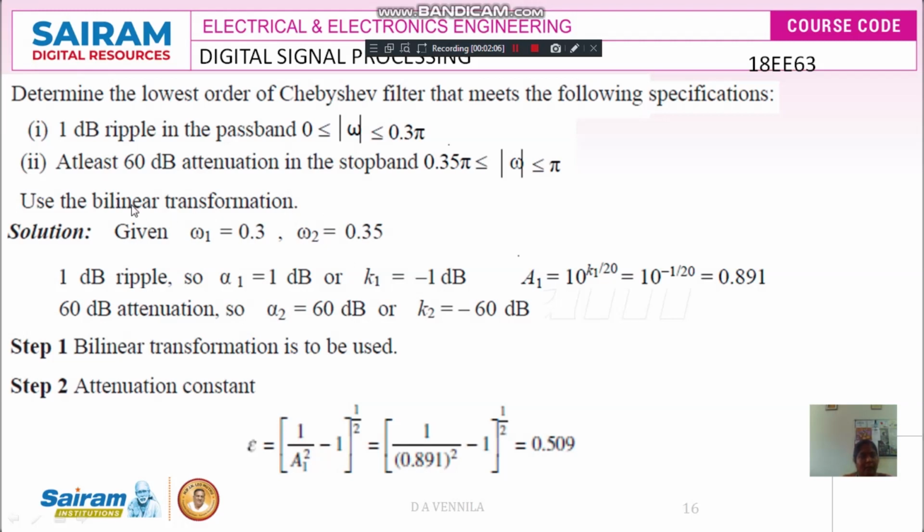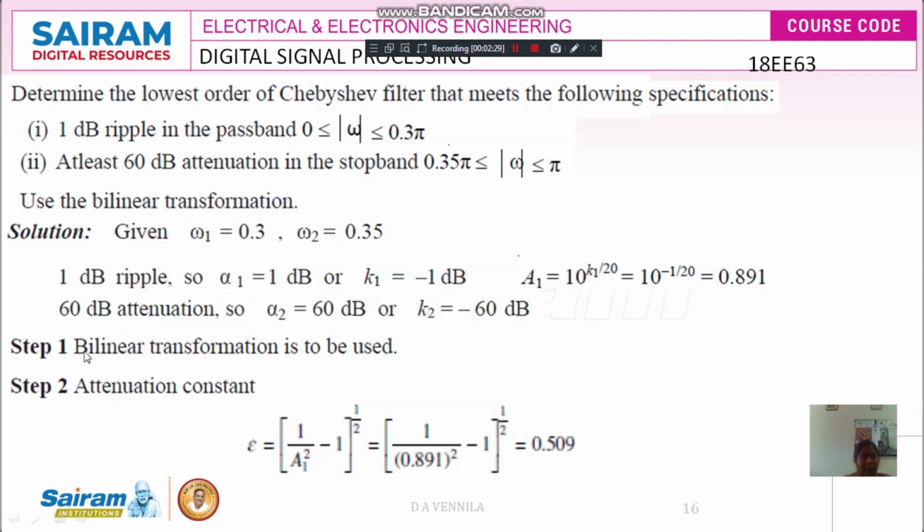Here it is given that you need to use the bilinear transformation technique to convert the analog transfer function to a digital transfer function. We are going to design the analog transfer function using the given specification. Then to convert this analog transfer function, we are going to use the bilinear transformation technique.